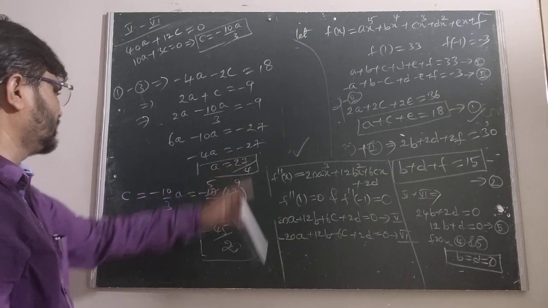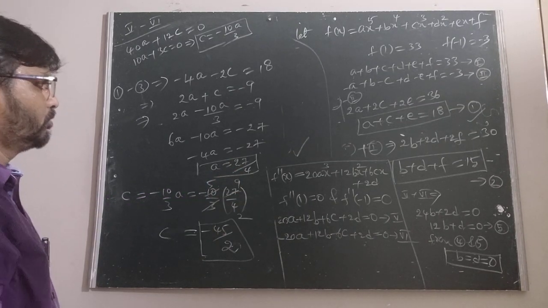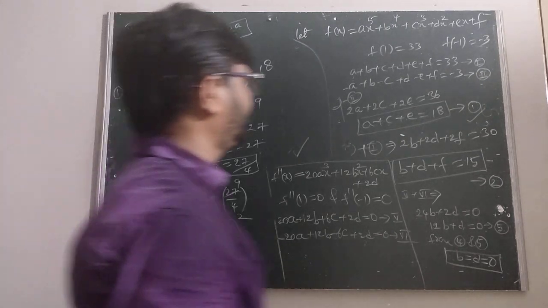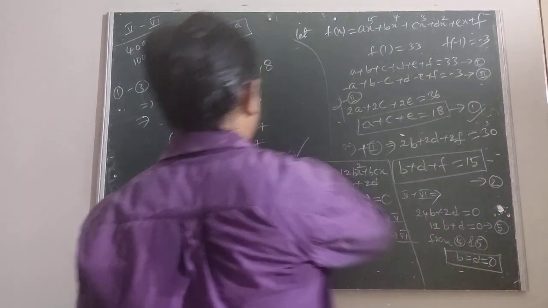The value of c is minus 45 by 2, and the value of a is 27 by 4. Now we have found a and c, and now we find the value of e.